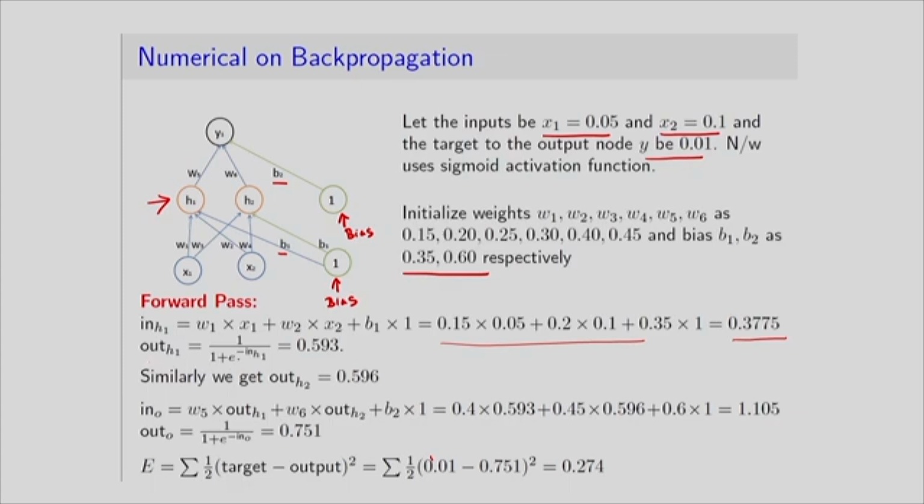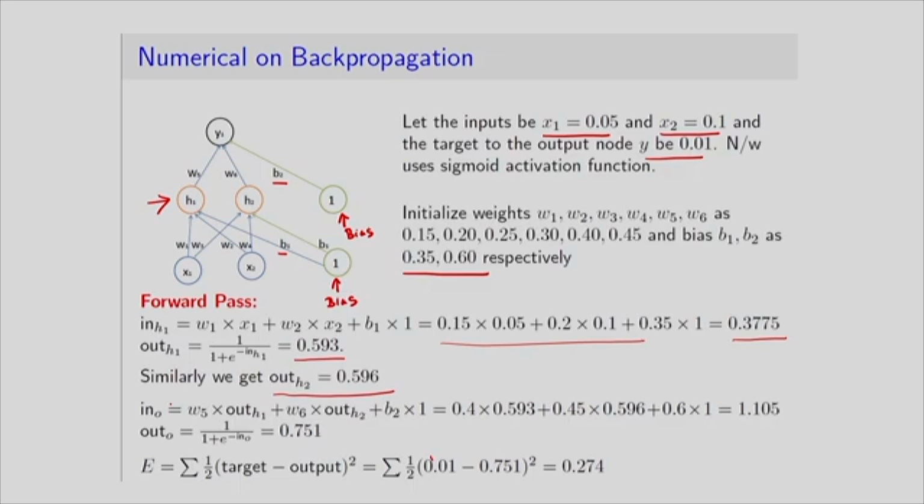We have to consider the sigmoid function 1 divided by 1 plus e to the power minus IN H1, and if I put all these values, I will be getting 0.593. Similarly, we can determine the output out H2, that is equal to 0.596.